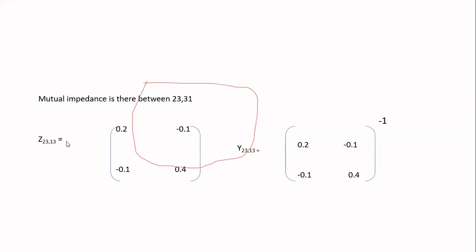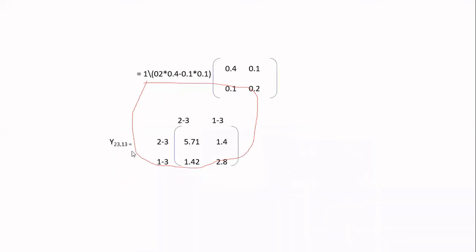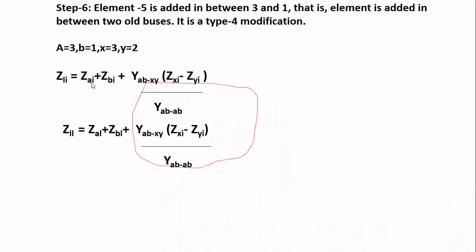AB means the Z2313. After forming this Z2313 matrix, we form the Y2313 matrix. After forming this Z2313 matrix, we calculate the ZL1, ZL2, ZL3 values and also the ZLL.